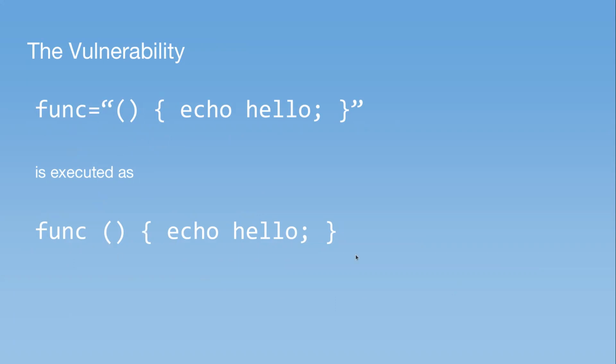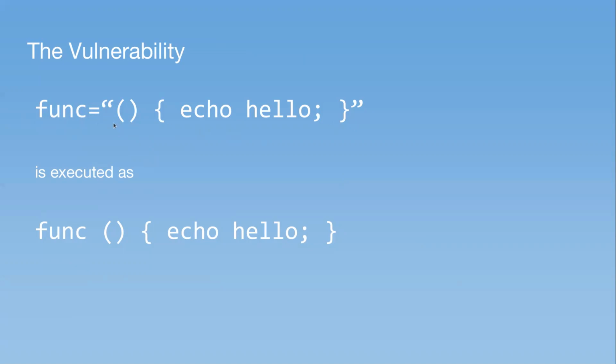executes this line. And this is exactly where the vulnerability lies, because first of all, notice that if we want to export a function, we don't have to type in this command here. We can just define this variable from the outset, right?